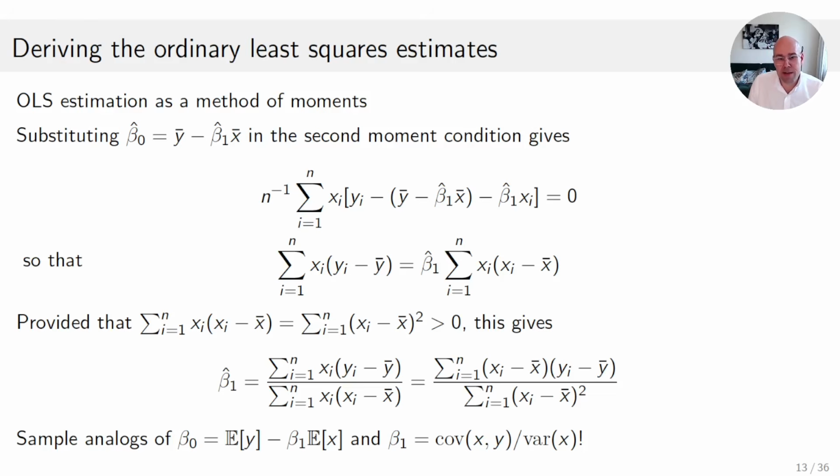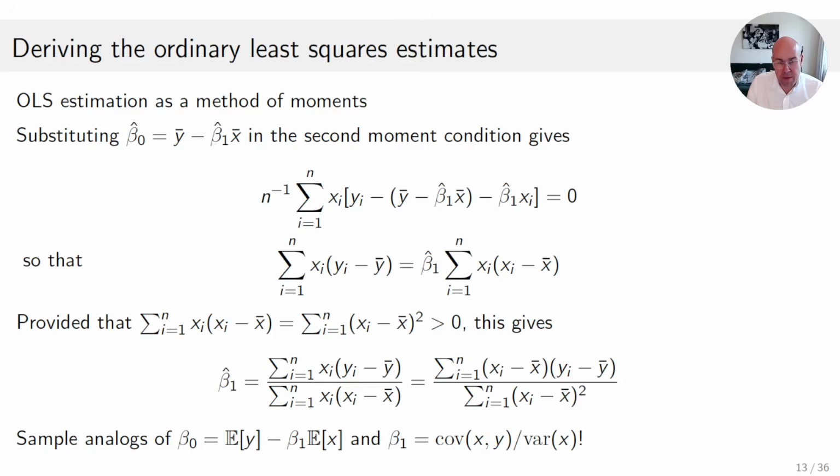How do I do that? I take this equation, which has 0 on the right hand side, and I bring this term here to the left hand side, and this term here to the right hand side, and then all I need to do is divide by that sum on the right hand side, and the only thing left on the right hand side is beta 1 hat.